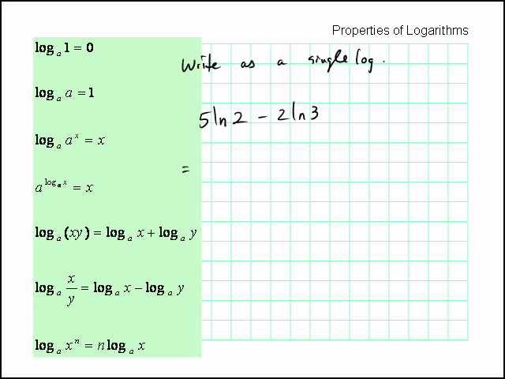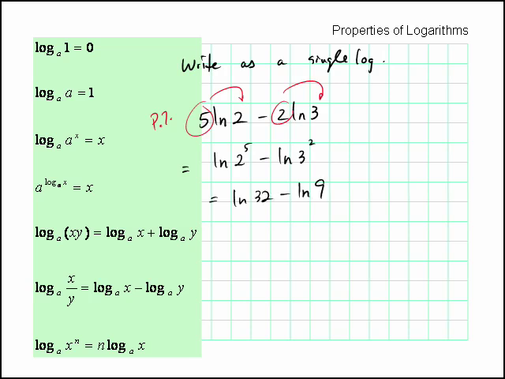Their base is just e, that's all. So just like in the last examples, I'm going to take these numbers and put them in as exponents. So that's property number 7 that I'm using. This is the natural log of 2 to the 5th minus the natural log of 3 squared. And let me write that as, that's 32 there, and that's 9.